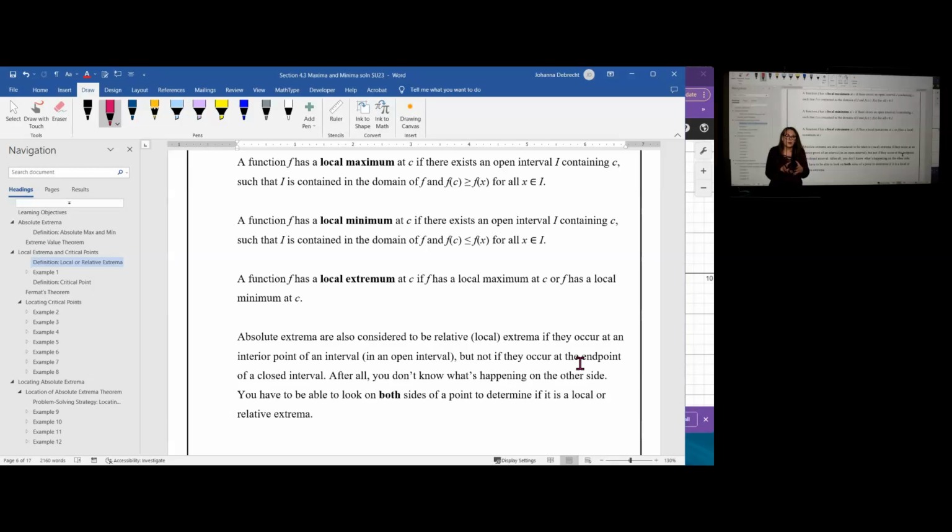The problem, though, is if the absolute maximum or absolute minimum is at one of the endpoints, a or b. The definition of a relative maximum or minimum requires that you be on both sides. We don't know what happens on the left side of a or the right side of b. So if the absolute extrema occurs at one of the endpoints of the closed interval, then we do not call it a relative extrema.